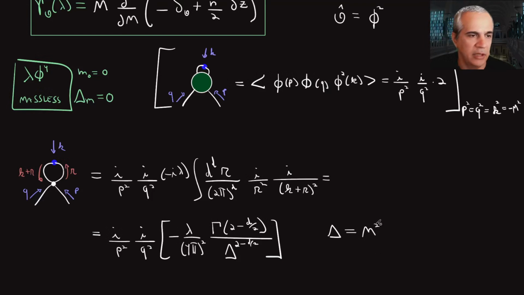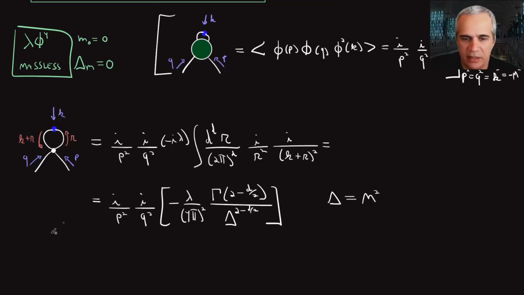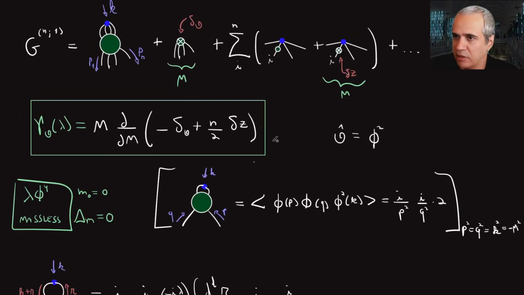And so this loop needs to be cancelled by the counter term, right? So when I introduce phi squared, I also need to introduce some delta phi 2 counter term. And this guy gives me a Feynman diagram. Let me copy my symbol for the counter term here.